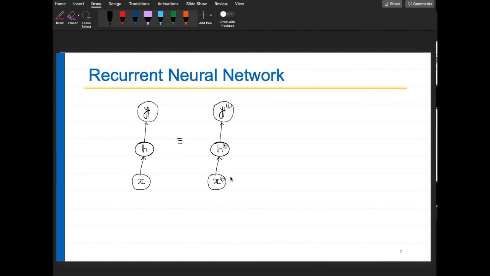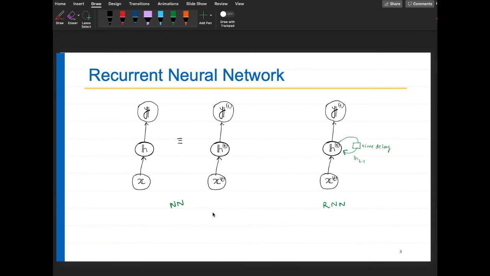Here, if you introduce the notion of time, your input is at time t, hidden is also at time t, and y is also at time t. So your y does not depend on x at time t minus 1. Is this point clear? Here comes the role of recurrent neural network.